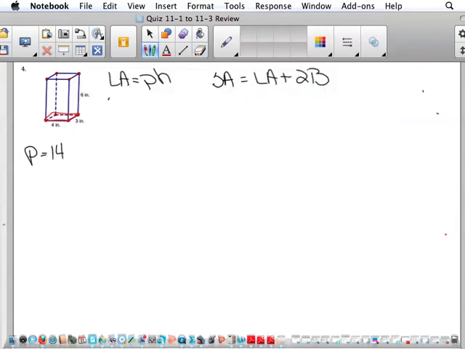The perimeter is equal to 14, so my lateral area is equal to the perimeter, 14, times the height, which is 6. So that's 14 times 6, which is 84. 84 inches squared.